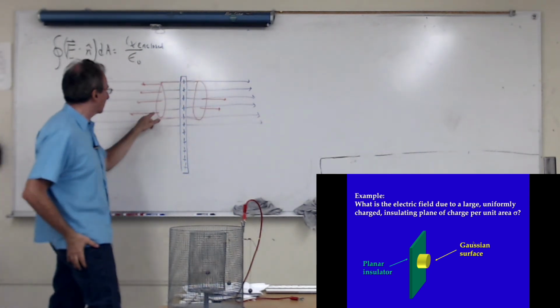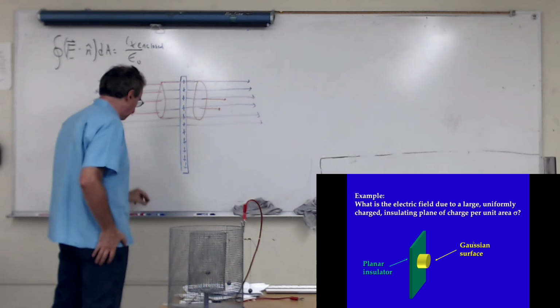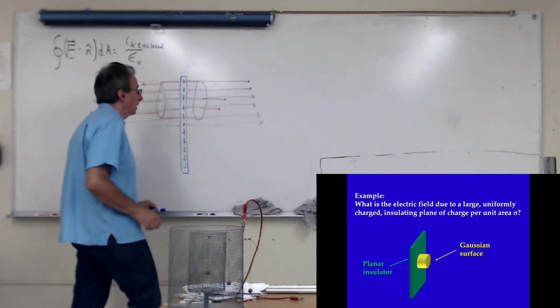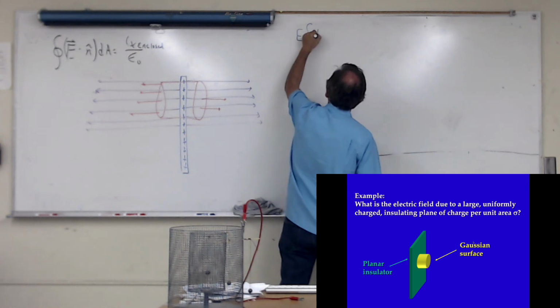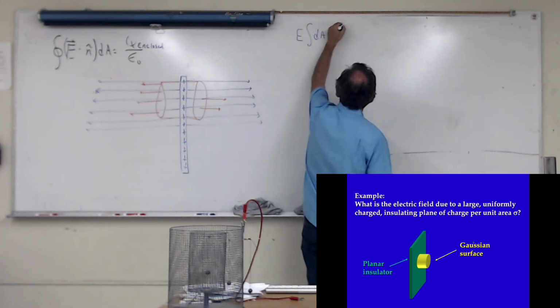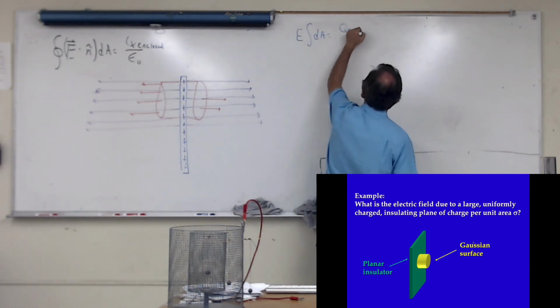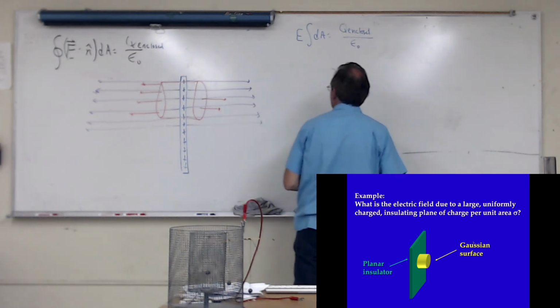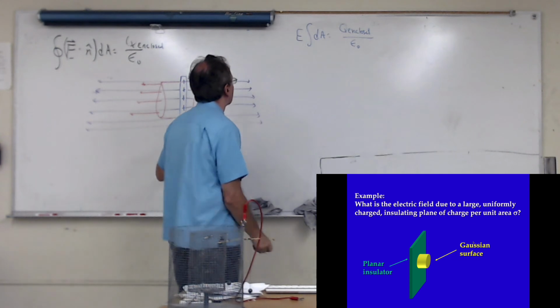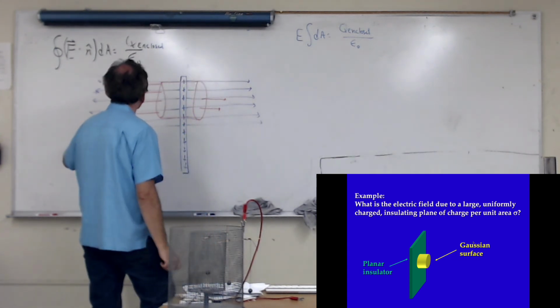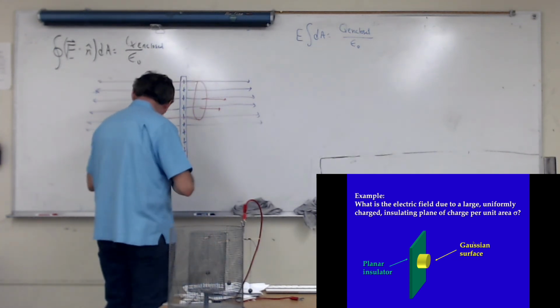And this dot product, again, is the same. So I can pull this out of the integral sign. And so I get E times the integral of dA is Q enclosed over epsilon naught. But there's two areas, one here and one here. And the normals are always parallel to the electric field.